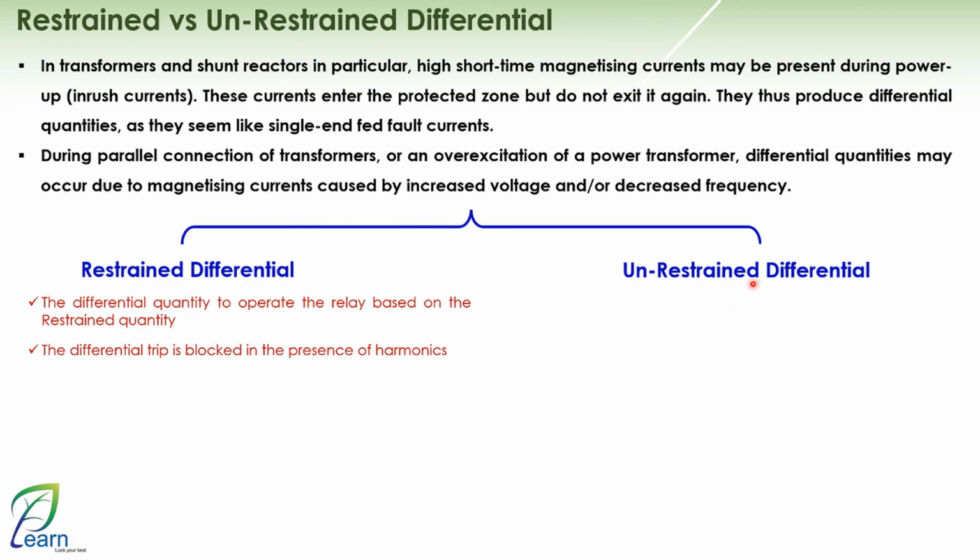As for the unrestrained differential, as is clear from its name, it means that if the value of the differential exceeds its threshold, regardless of the value of the restraint quantity or the presence of harmonics, it is not affected.